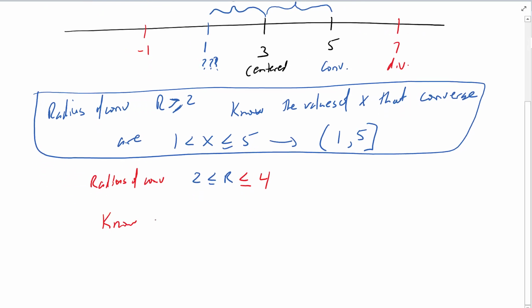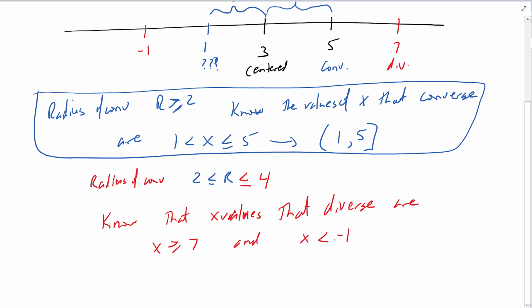I now know that the x values that diverge are, from our problem, we know it's diverging at 7, so x greater than or equal to 7, and x less than -1.